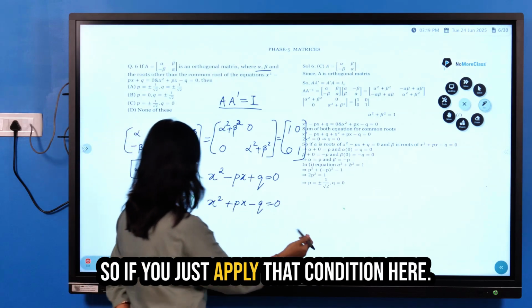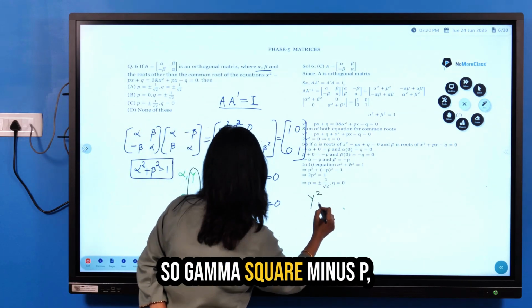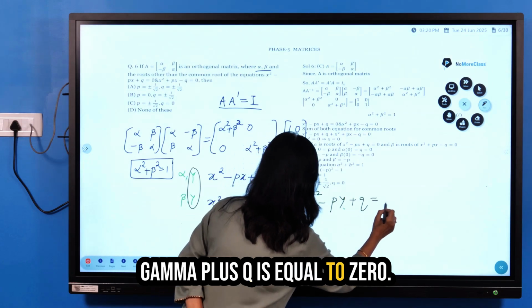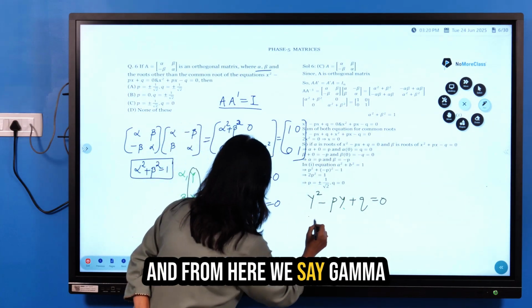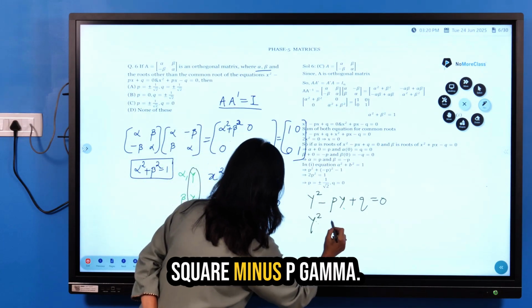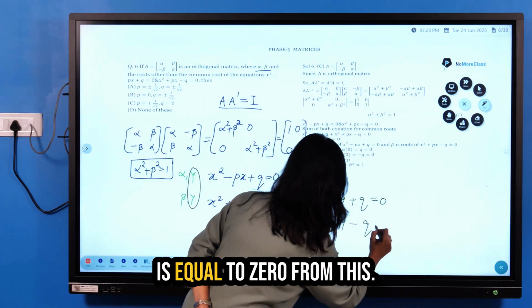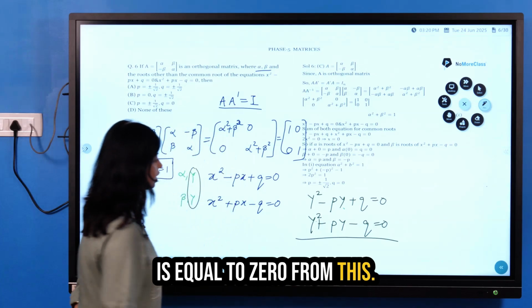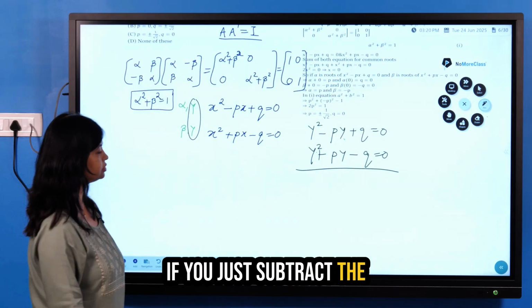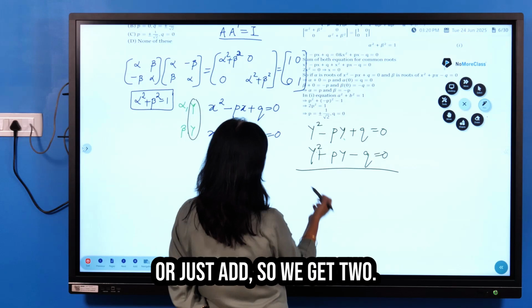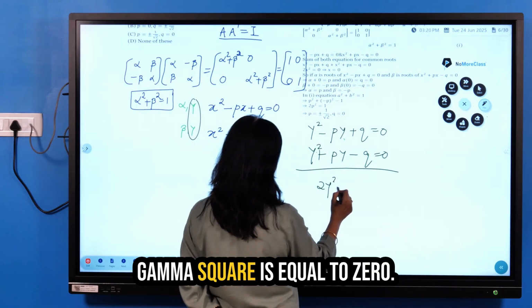So if we apply that condition here, gamma squared minus p gamma plus q is equal to 0. And from the other, gamma squared plus p gamma minus q is equal to 0. From this, if we just add the two, we get 2 gamma square is equal to 0.